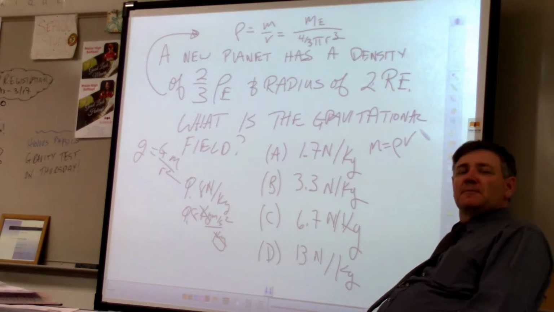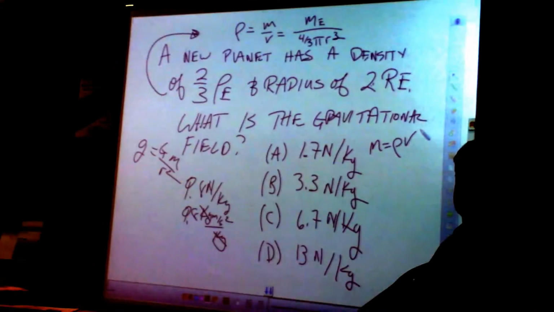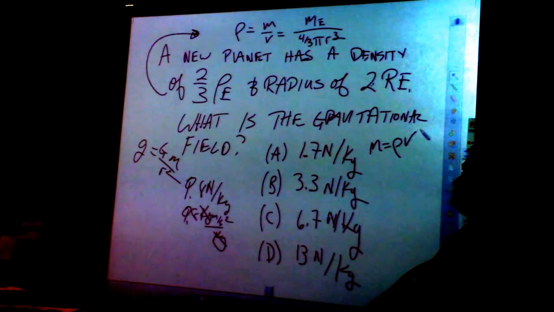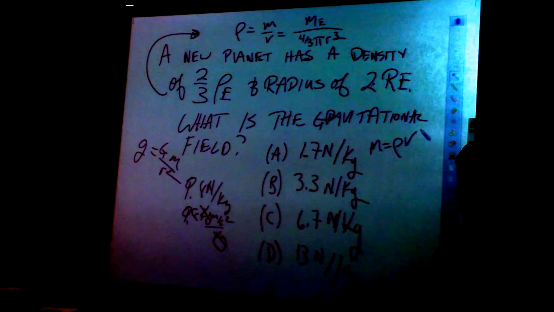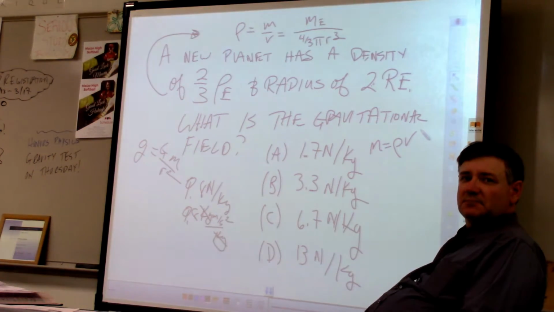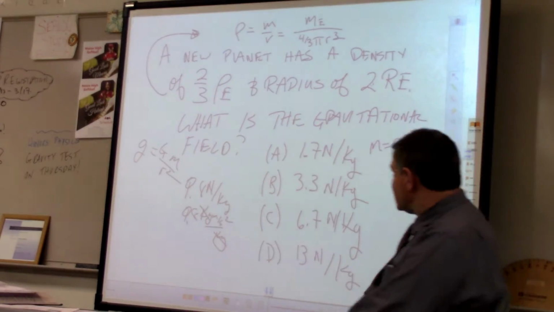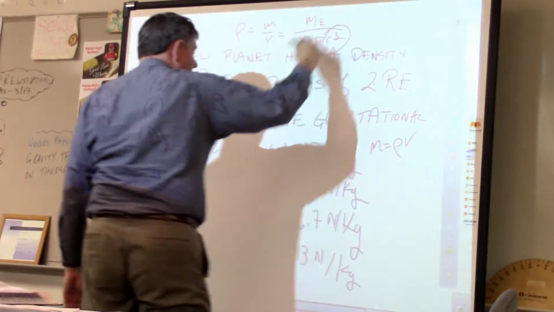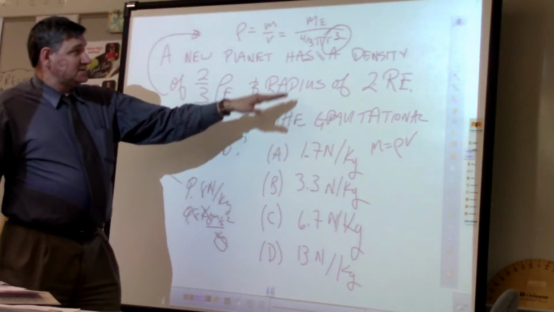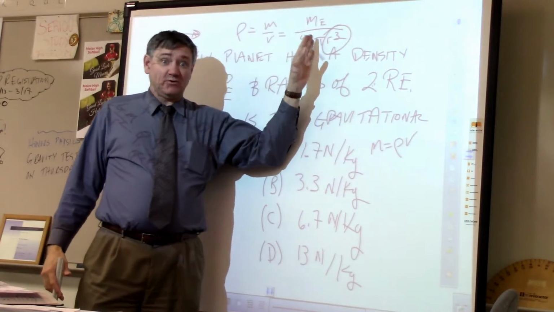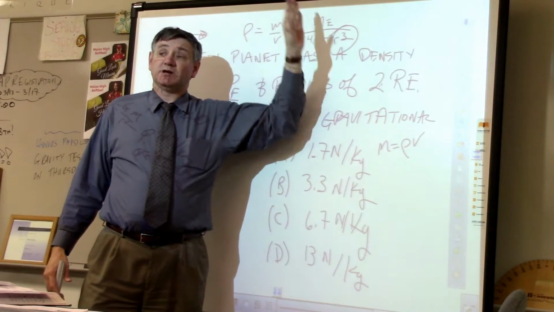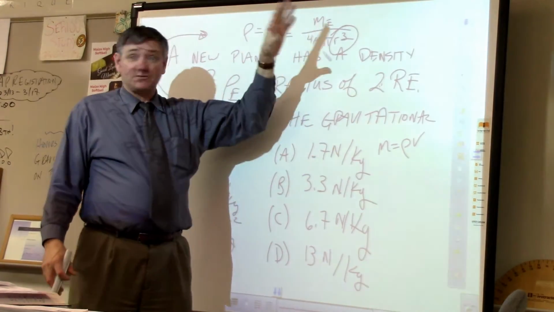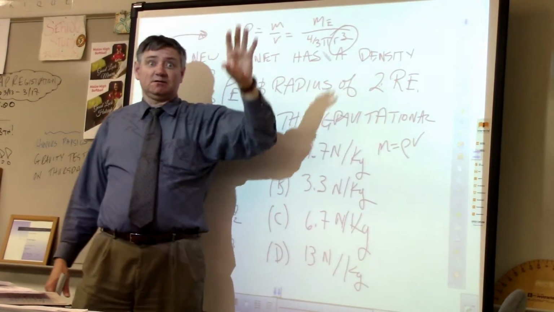So you know the new density is 2/3 times the original one, and you know the new volume is 8 times the original one. Why is it 8? Because it's r cubed, and 2r cubed. Because this is r cubed, and this radius is twice, that volume increases by a factor of 8.